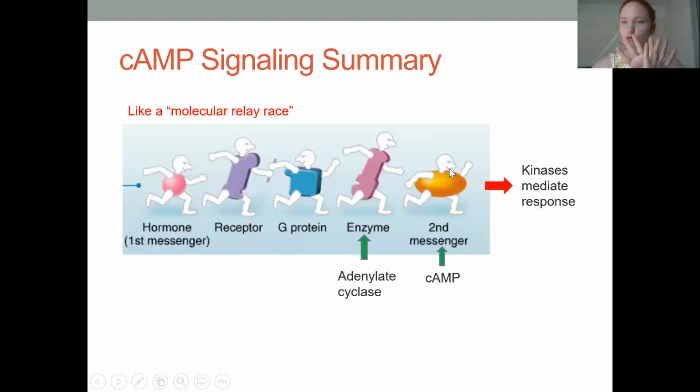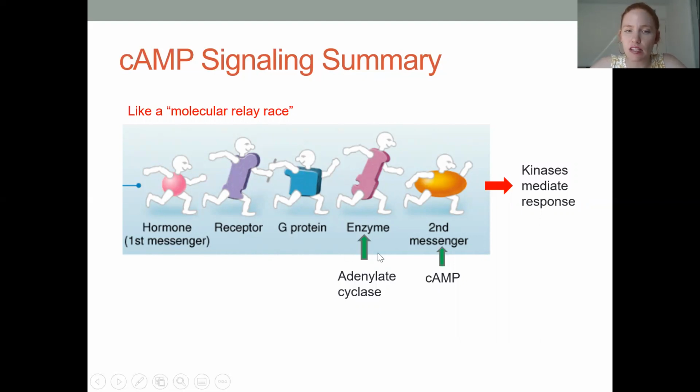Okay, so here's the very generalized version of what I just said. It's really like one thing activates another thing, right? First you have the hormone binding to and activating the receptor. The receptor then binds to and activates the G protein. The G protein will then be bound to a GTP. It'll then travel over to the enzyme.